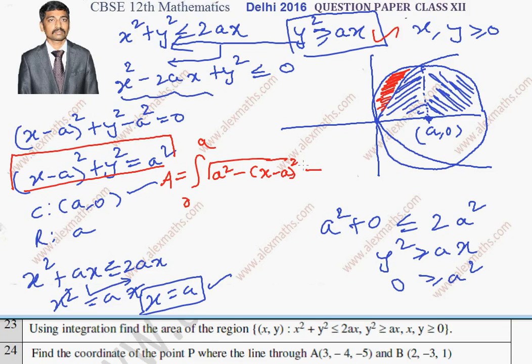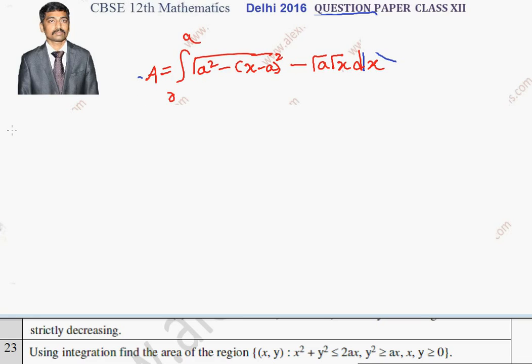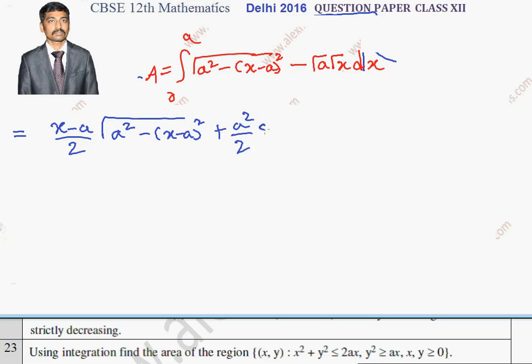That is, I have to take what is y from this, which is root a root x dx. Integrating this using the formula, this is going to be x minus a by 2, copy the question, plus a square by 2 sin inverse x by a, minus root a into x power 3 by 2 into 2 by 3.